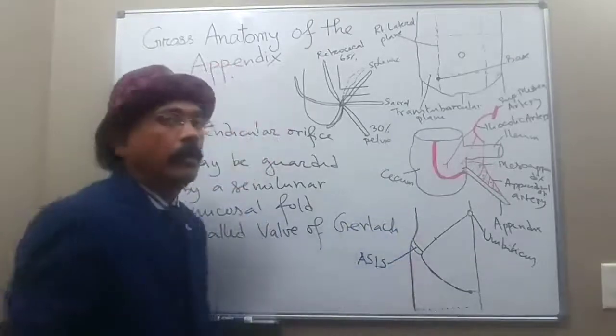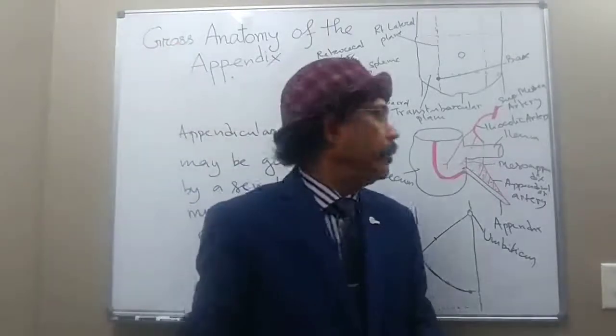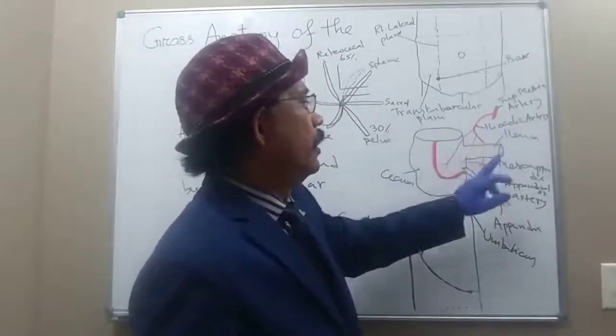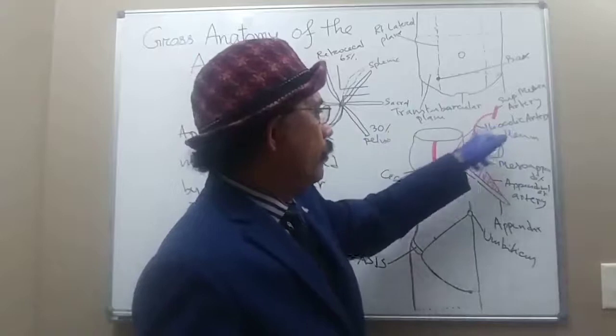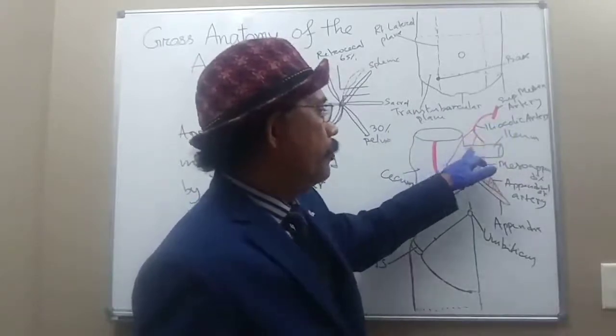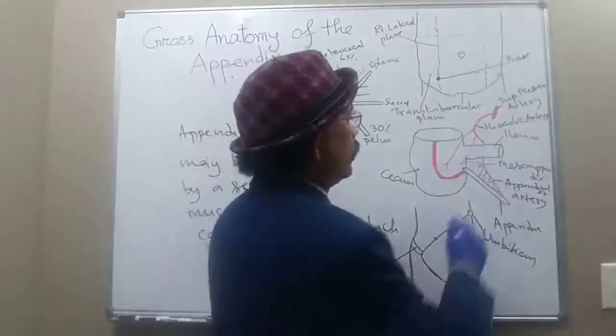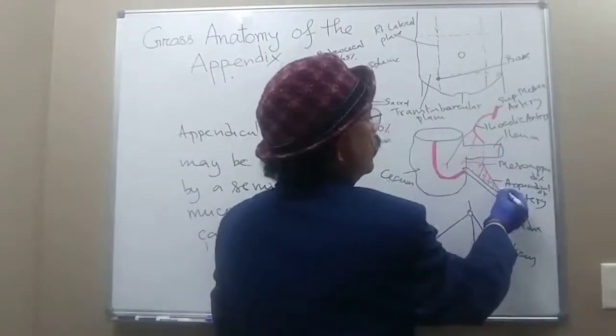Okay, we got the opening, we got the blood supply from the ileocolic artery. We have also the anterior colic artery and posterior colic artery. This is the appendicular artery.